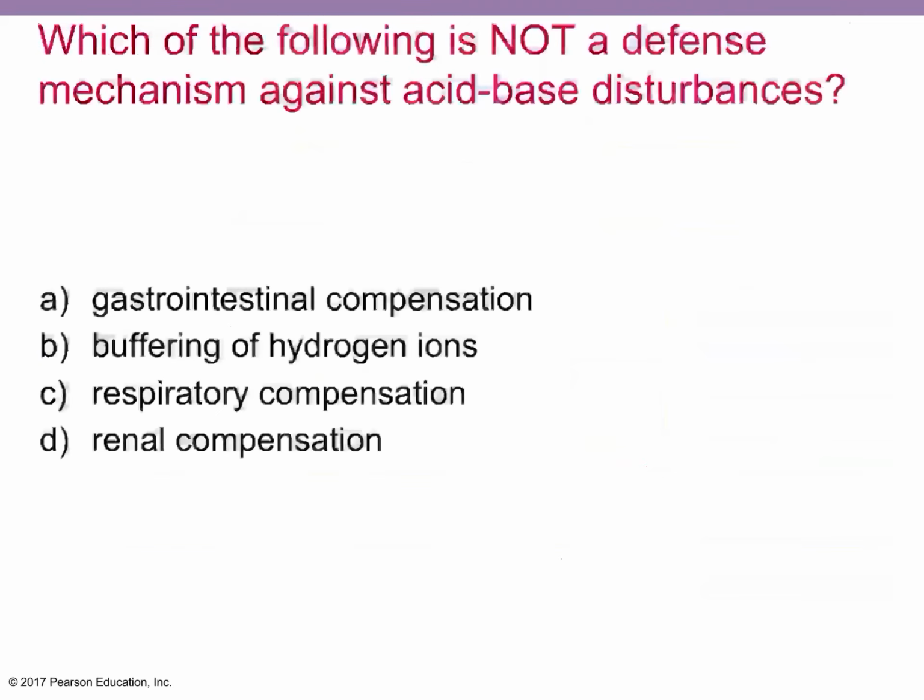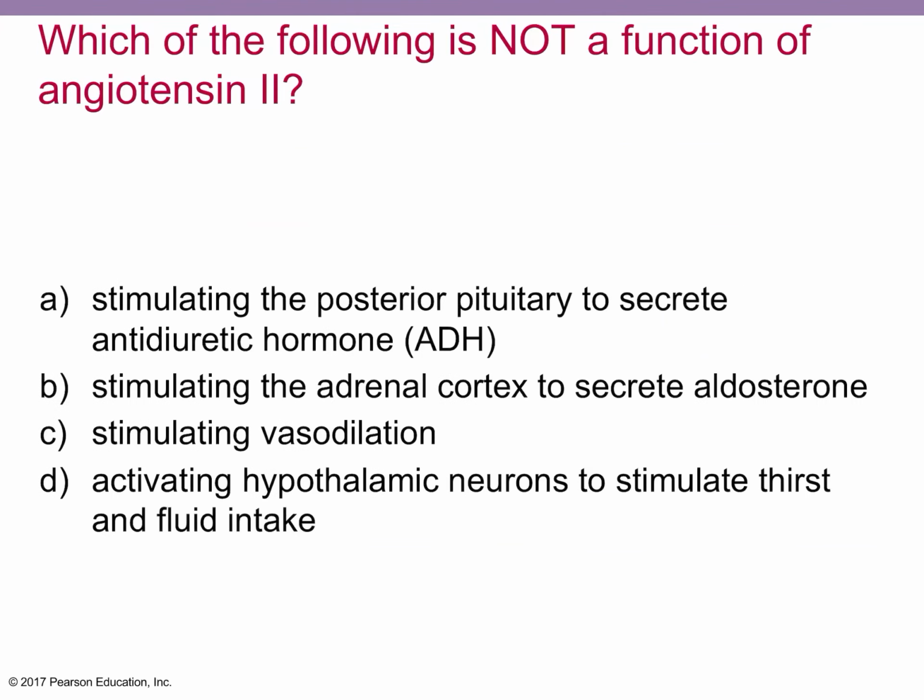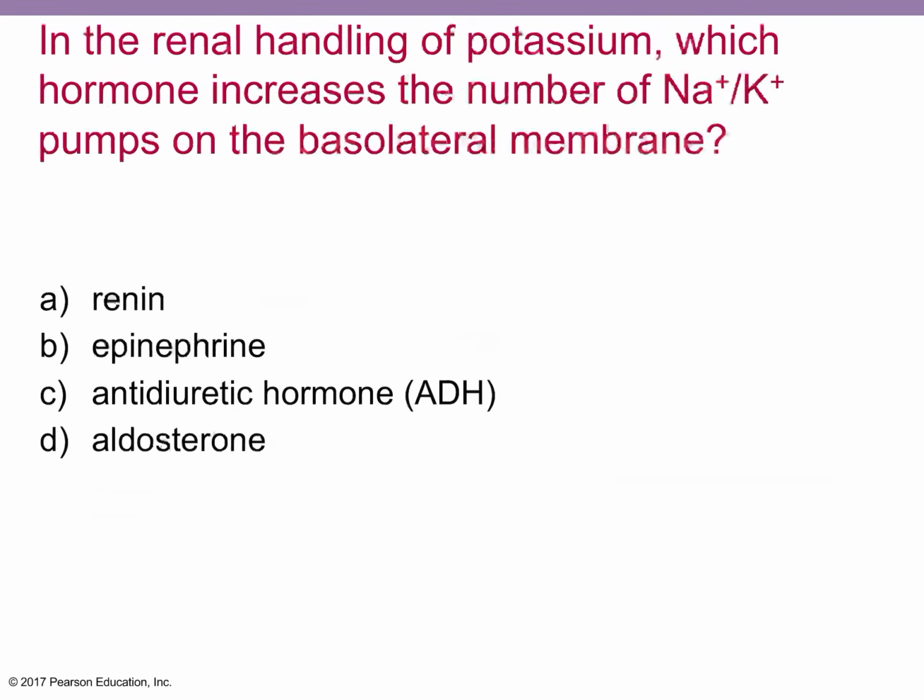So I'll end with some questions. Which of the following is not a defense mechanism against acid-base disturbances? The answer is A. Which of the following is not a function of angiotensin II? The answer is C. In the renal handling of potassium, which hormone increases the number of sodium-potassium pumps on the basolateral membrane?